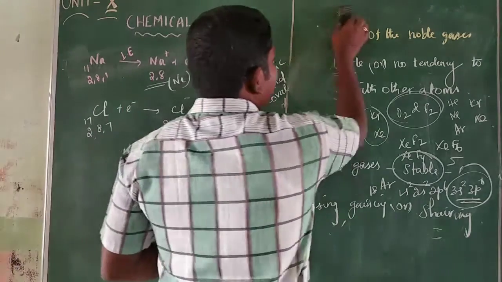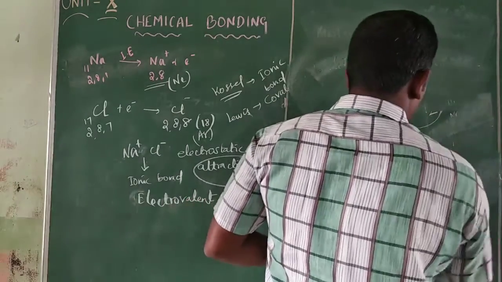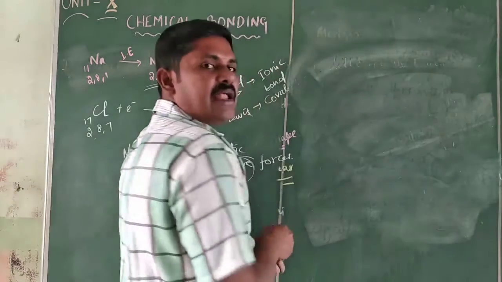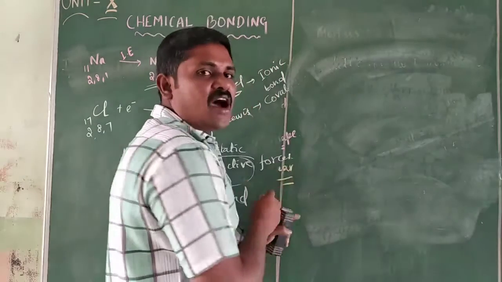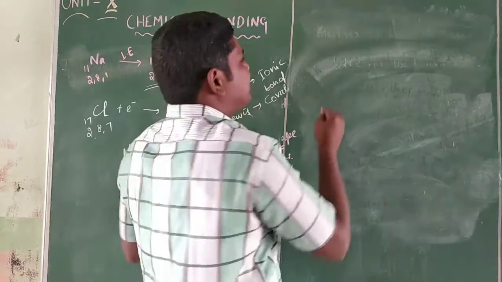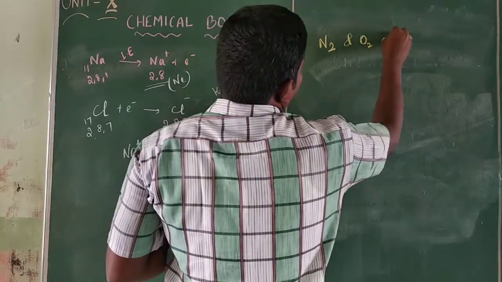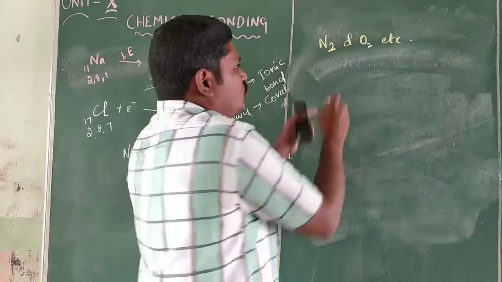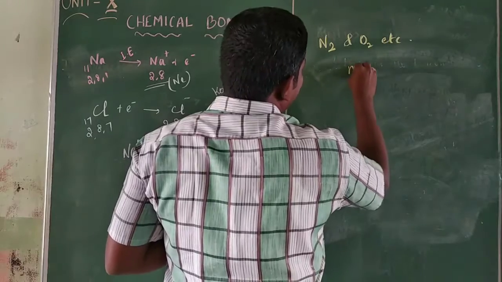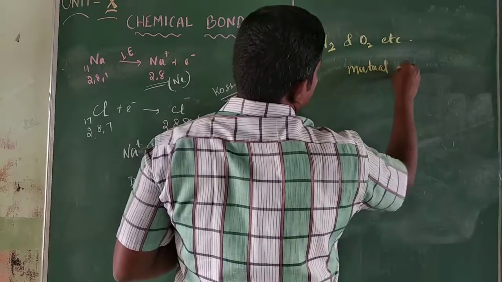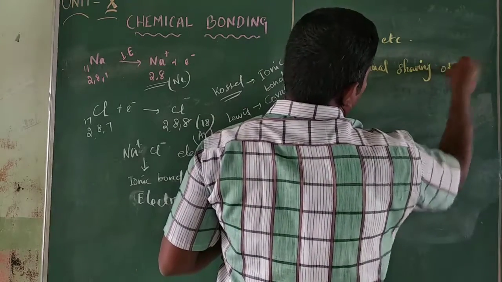Lewis proposed that stable electronic configuration of molecules, such as the diatomic molecules nitrogen and oxygen, is attained by the achievement of mutual sharing of electrons.